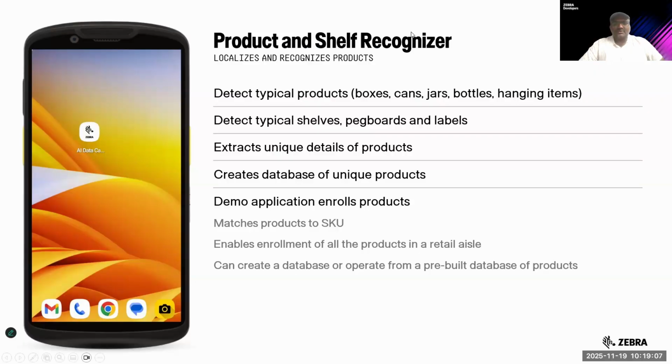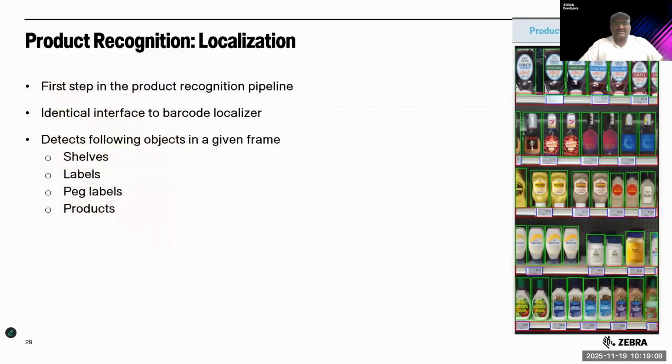If we can go to the next slide. In the product and shelf localization, as you see on the left side, each shelf containing these products and the corresponding labels are localized, and the model for this localizer is product_shelf_localizer. Probably we will see that in the next slide.